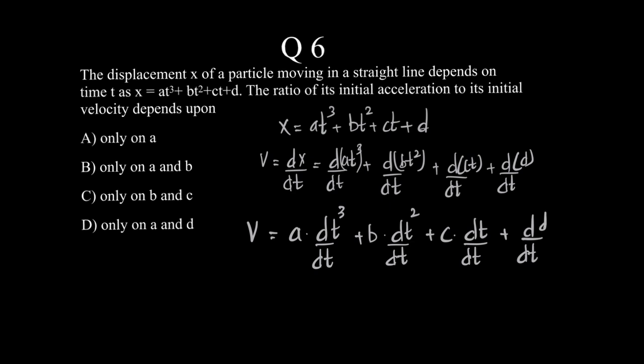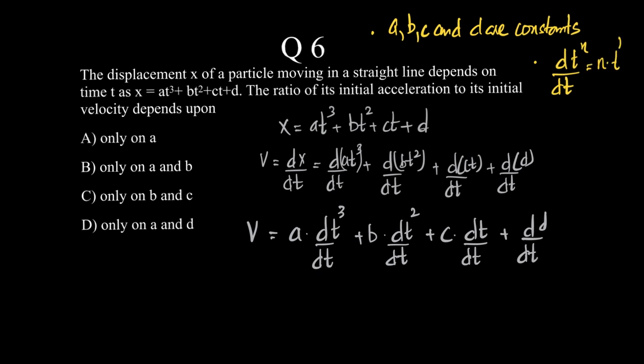What we should understand here is that a, b, c and d are constants. That's point number 1. Point number 2, d by dt of t raised to n is equal to n into t raised to n minus 1.